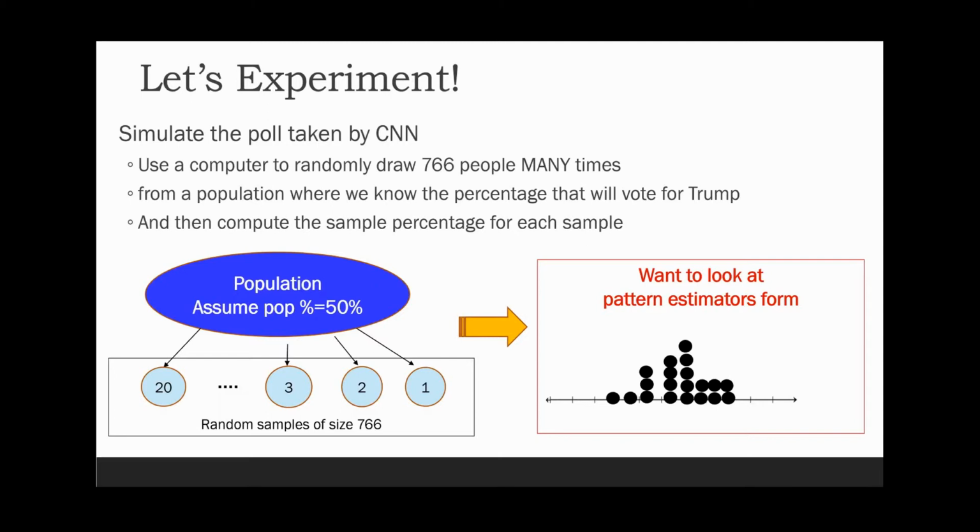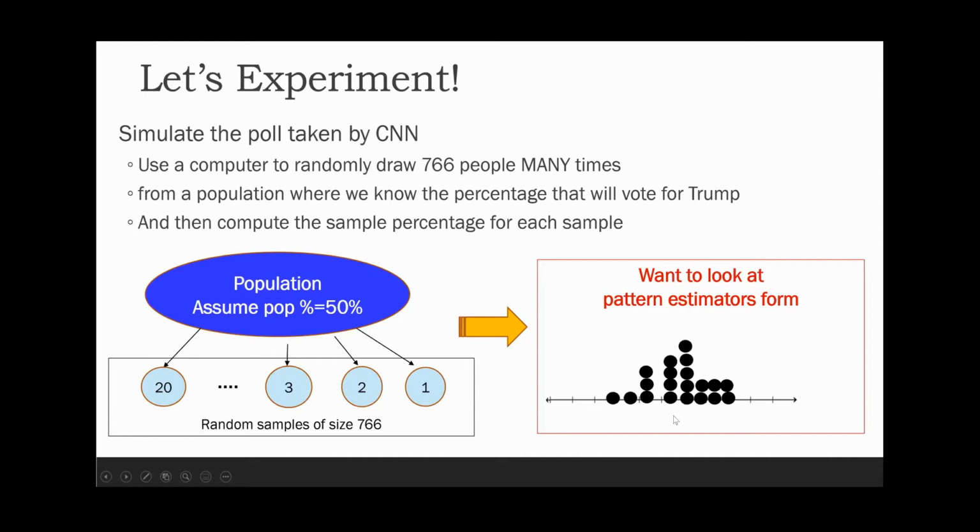And we could go ahead and plot those. Notice that our data is categorical. It only has two possible values, yes or no. But what we compute from our sample is quantitative. It's a percentage.